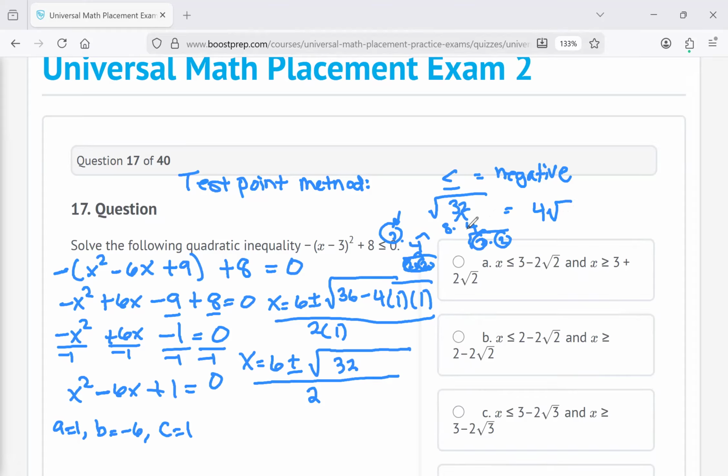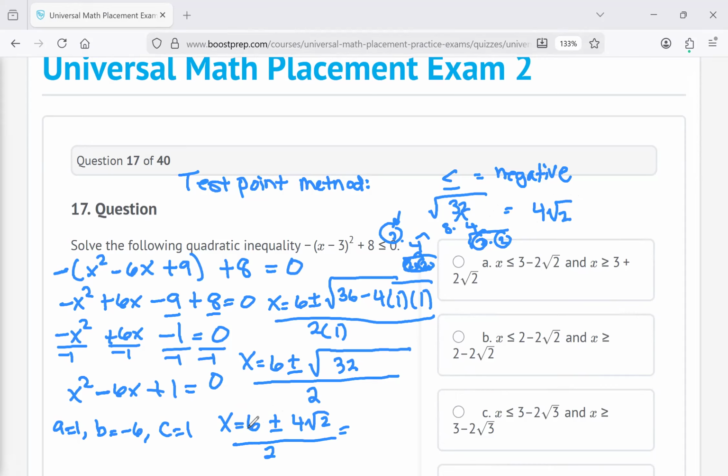Okay, so now it's going to be x equals 6 plus or minus 4 radical 2 over 2.